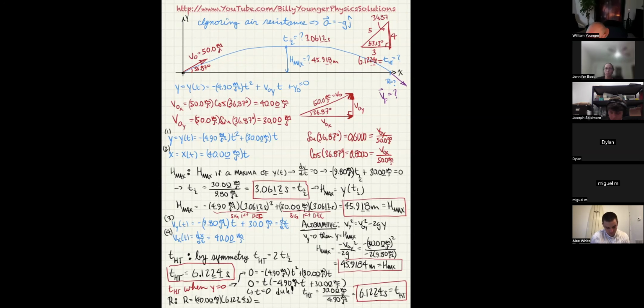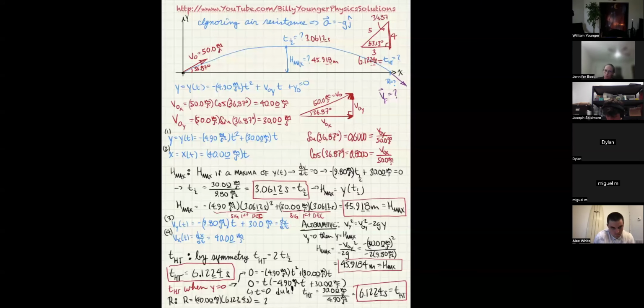And when we do that, we'll say 40 times 6.1224, and that gives us 244.89. So 244.89 meters is equal to R, and that's another answer.